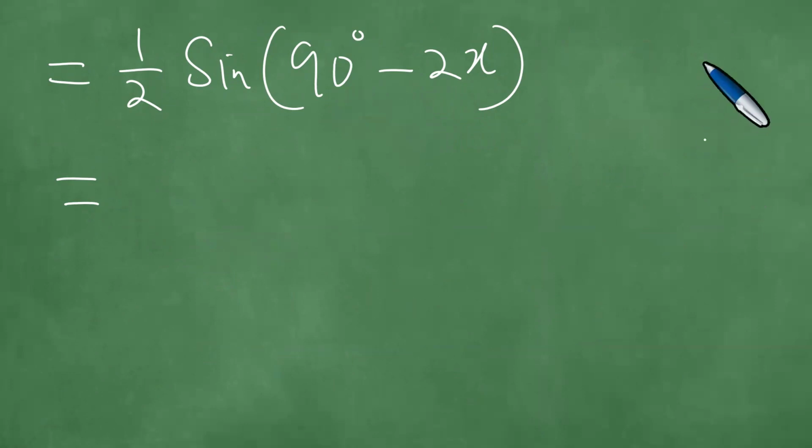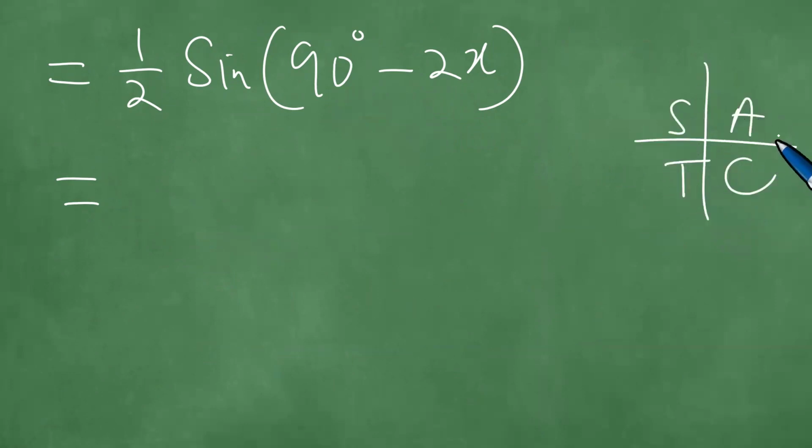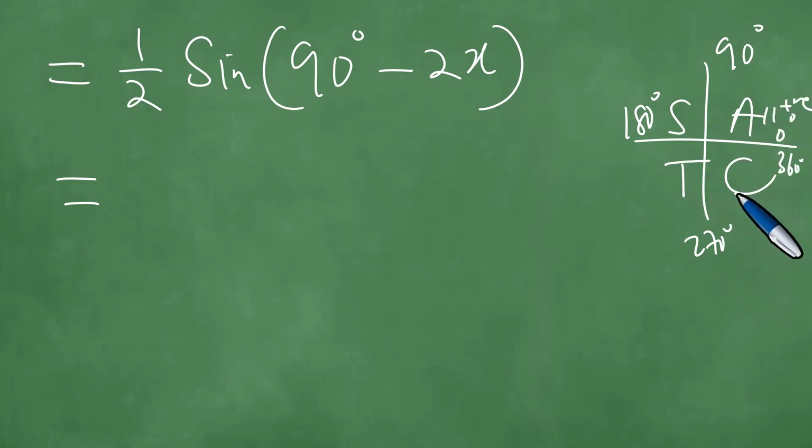And in the first quadrant, using the CAST diagram, where you have 0 degrees, 90 degrees, 180 degrees, 270 degrees, and 360 degrees. Okay, the A stands for all positive functions between 0 and 90 degrees, so that the sign is positive, but it changes to its co-function.